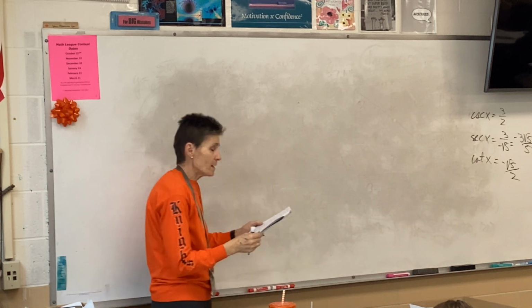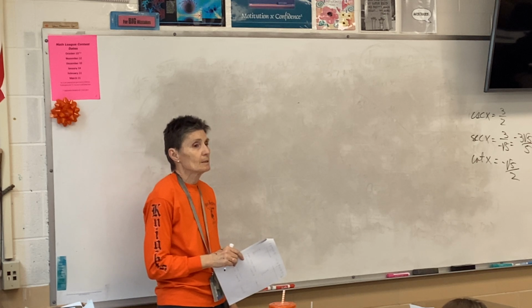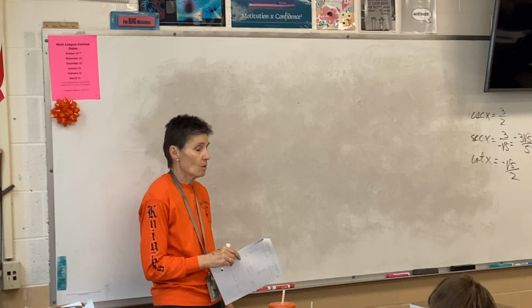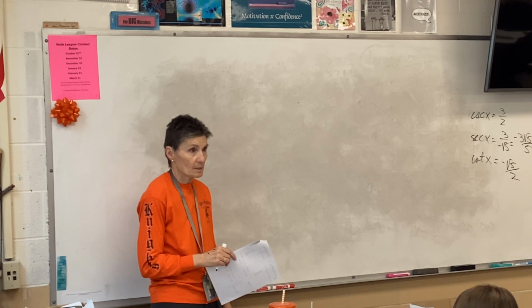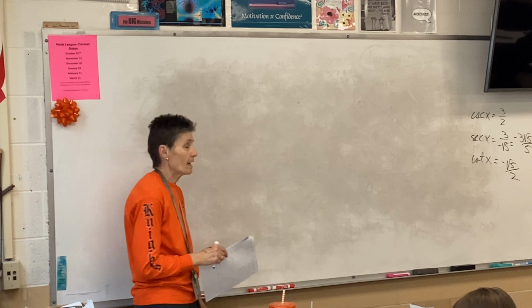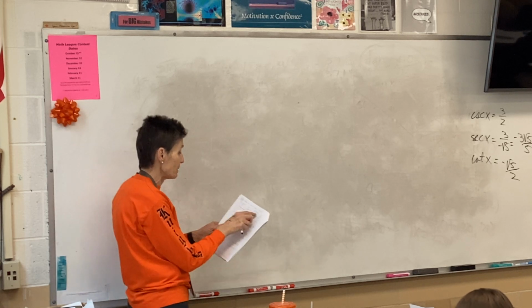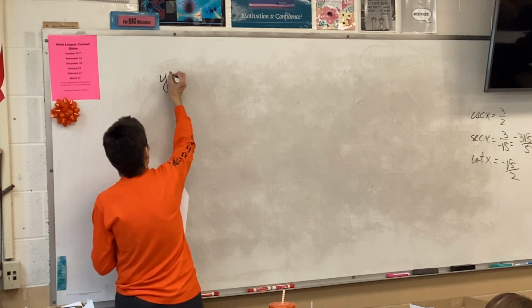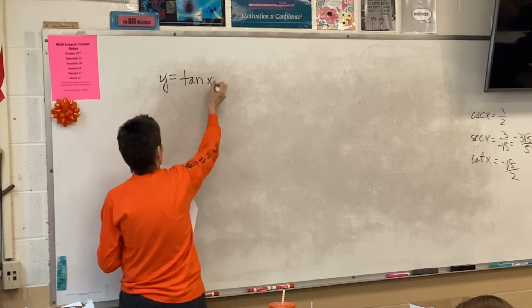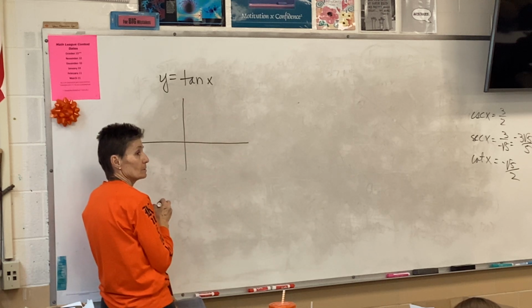All right, so this is part of the problem. We already know what sines and cosines look like. Today we're going to get the other 4 shapes. So that's what A, B, C, and D are, the other 4 shapes. So y equals tan x. This is what you need to know.